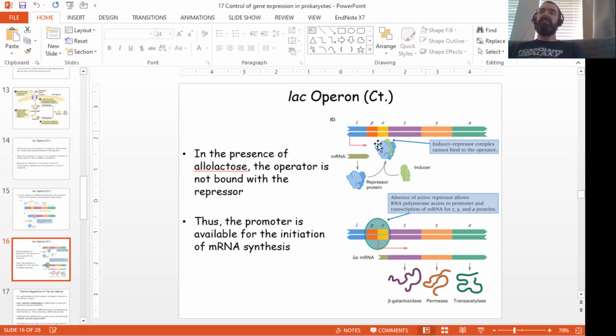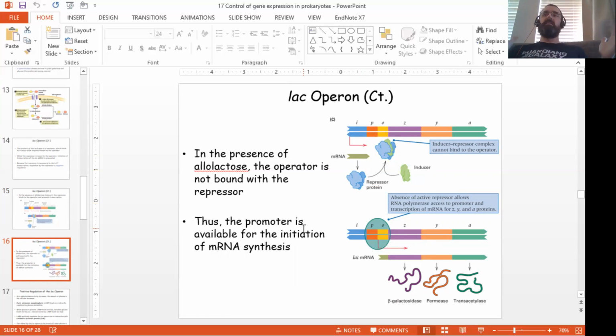The repressor in the inducible system, sorry, changes shape in the presence of the inducer and no longer recognizes the DNA. So it will fall off, and now RNA polymerase is able to assemble, and you'll get transcription, right?